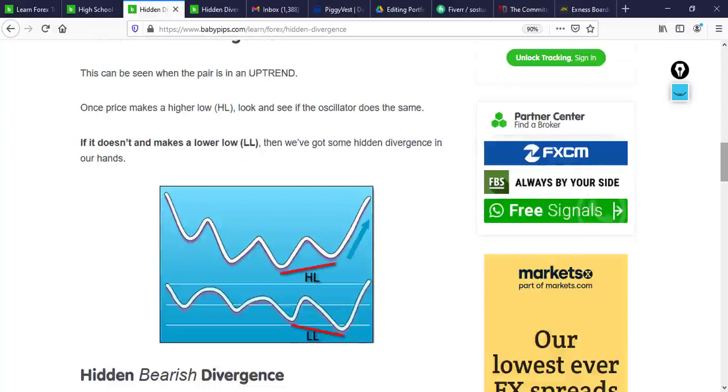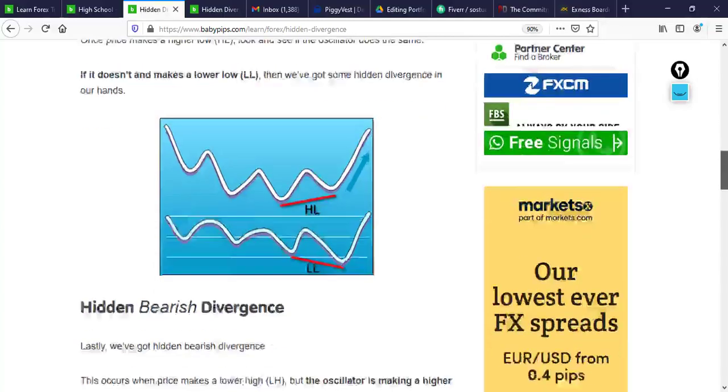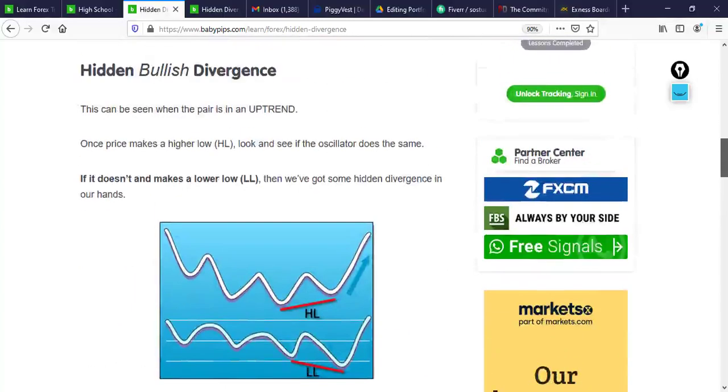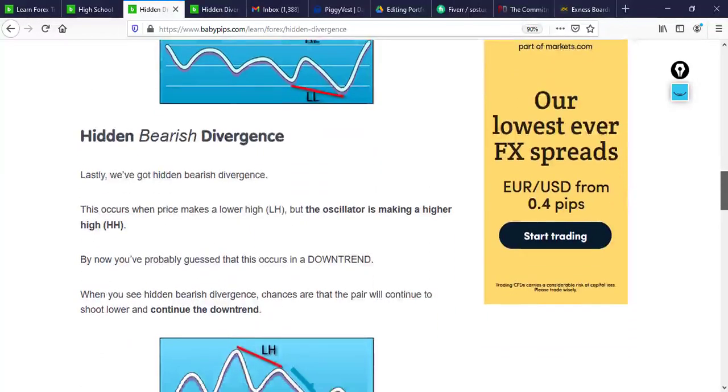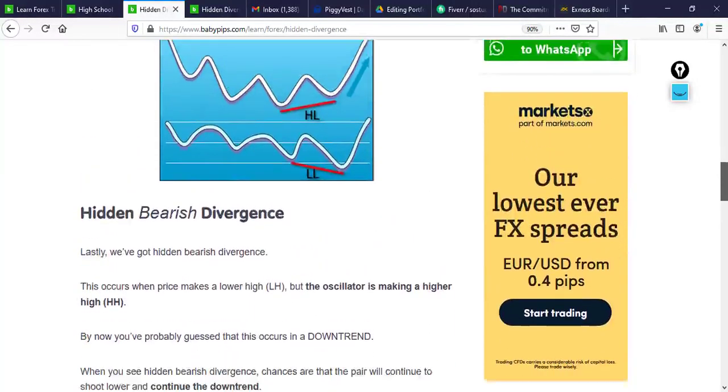If there is a higher low, check if the oscillator is making the same higher low. But if it doesn't and it makes a lower low, then we've got a hidden divergence taking place. And what does that show us? That is a possible trend continuation.